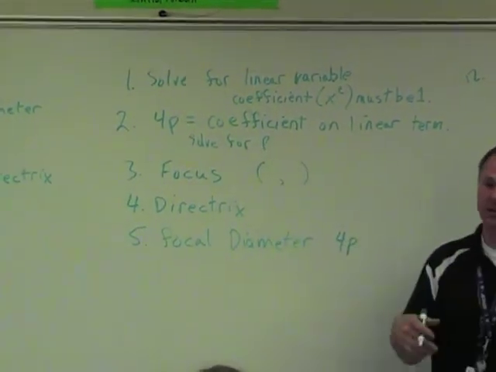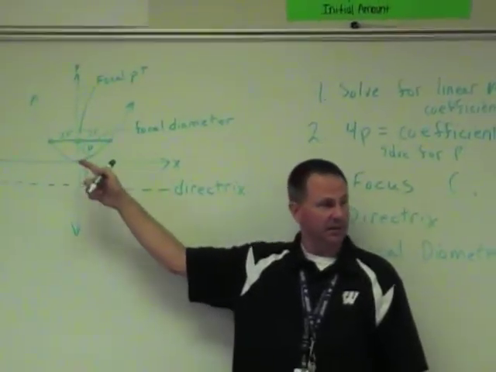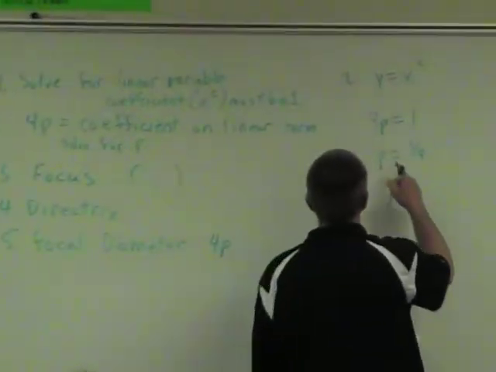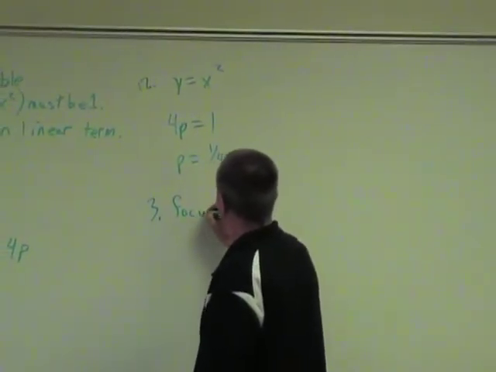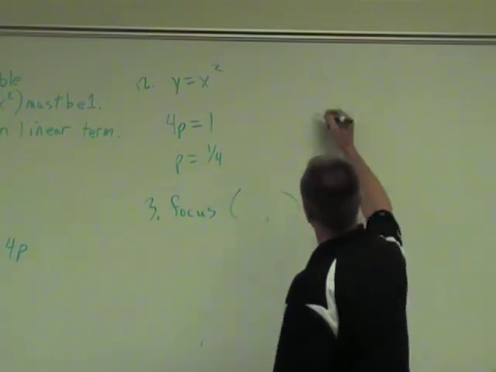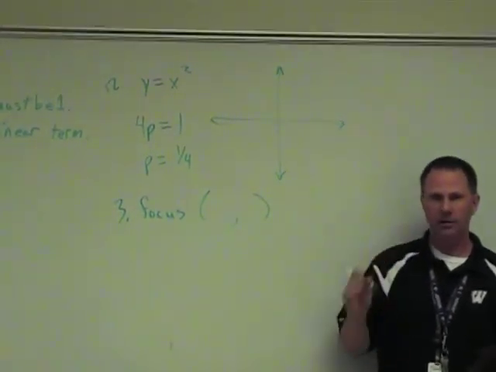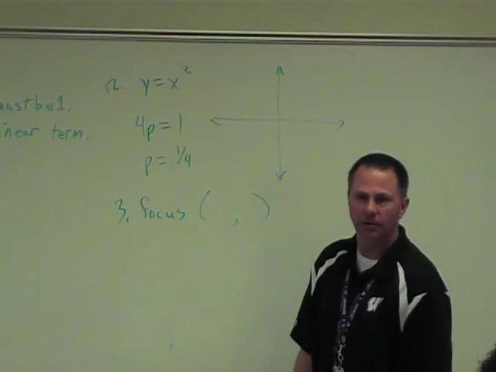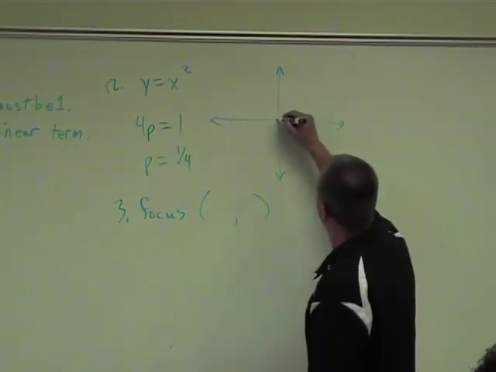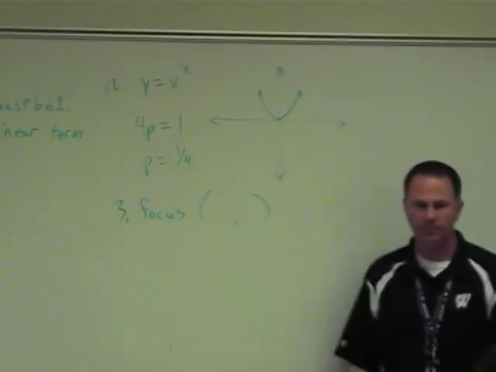If the vertex moves and you need to know where the focus is, you're going to add p to wherever the vertex is. Alright, so that was step 2, solve for p. Step 3, the focus. So let's draw a picture to make sure we understand what's going on. First of all, is this a vertical parabola or a horizontal parabola? A vertical parabola. Does it open up or down? Up. And the vertex is at the origin.